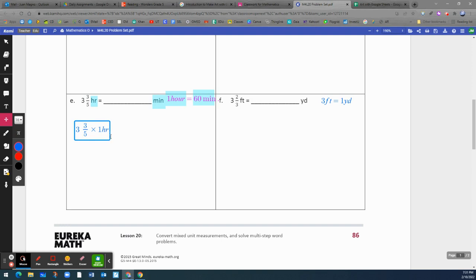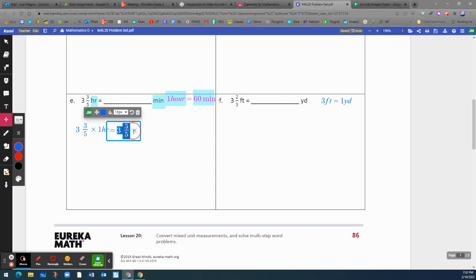Now, the next step would be to rewrite the hour as minutes. So we're going to write the same fraction just so you can get the hang of this. It's going to be 3 wholes and 3/5 multiplied. So that's just following that.